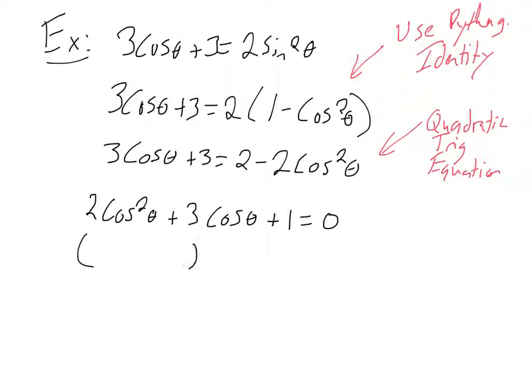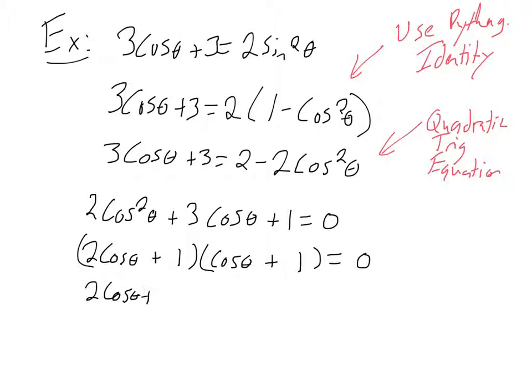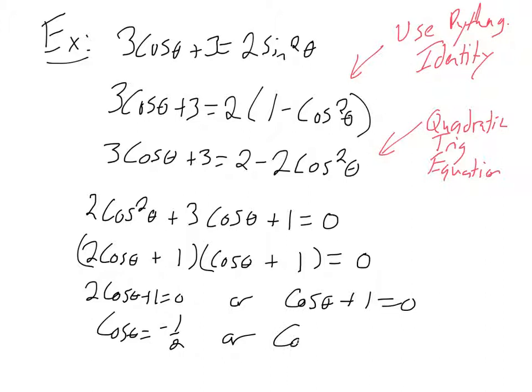And then we'll factor this out: 2 cosine theta plus 1 and cosine theta plus 1, and they both have to be positive in this case. So we'll get 2 cosine theta plus 1 equals 0, or cosine theta plus 1 equals 0. So cosine theta equals negative 1/2, or cosine theta equals negative 1.